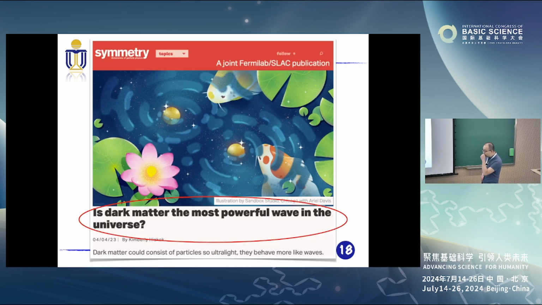And with these discussions, one interesting question will be, is dark matter the most powerful wave in the universe? And next, I will show that the Pulsar Polarization Array could help to address this question.